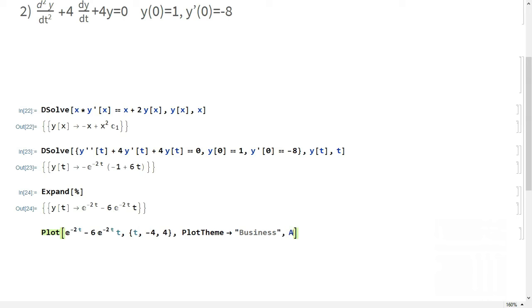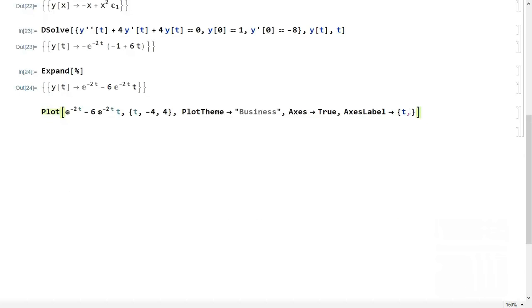So to do that, you type Axes first, select Axes and set it to True, and then you type AxesLabel. At AxesLabel, just bring up a list and just type t, and in the y-axis we are plotting, let's say I want to type solution, just like this.